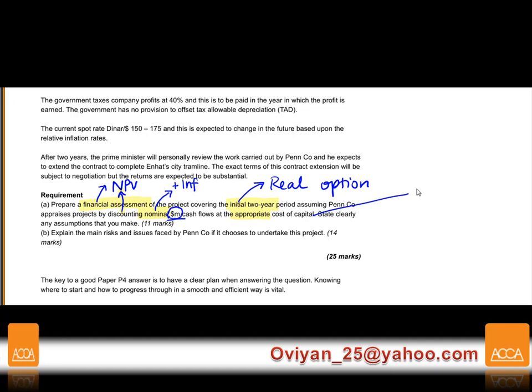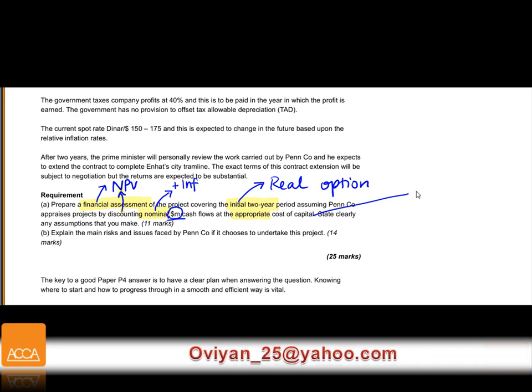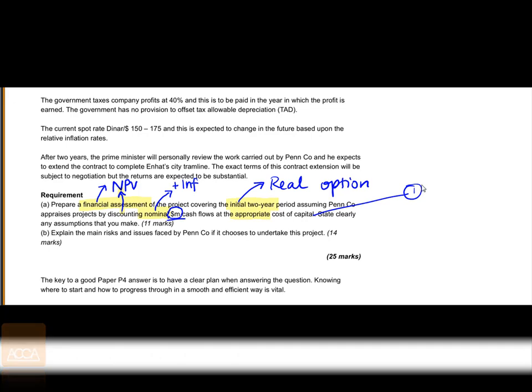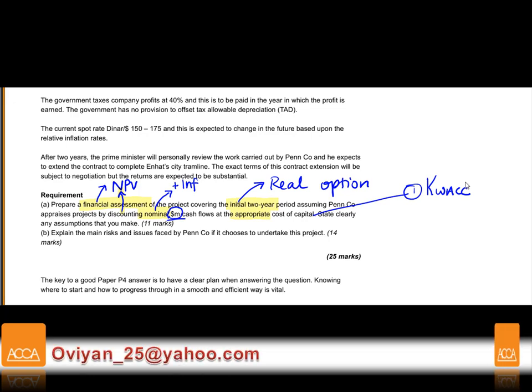There are three costs of capital that you will use in an appraisal process. The first one is simply your existing business WACC, your weighted average cost of capital. This is usually for when the business risk is the same and you're still going to finance the same project.